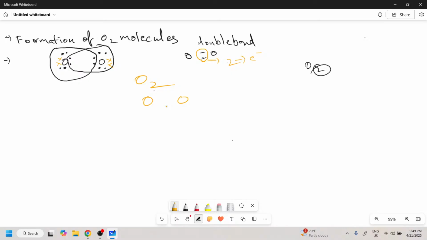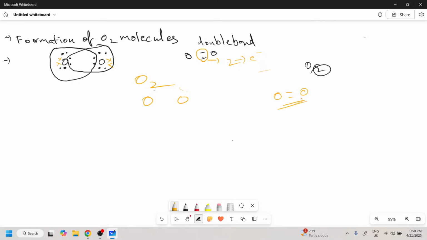If you want 2 O's to be connected and stable, you need four electrons for stability, but for each oxygen you want two electrons. So that is what O double bond O.